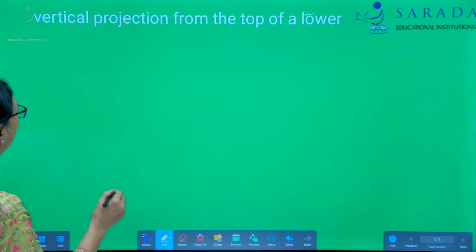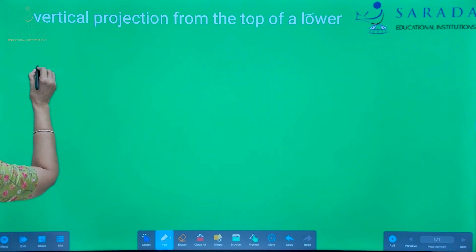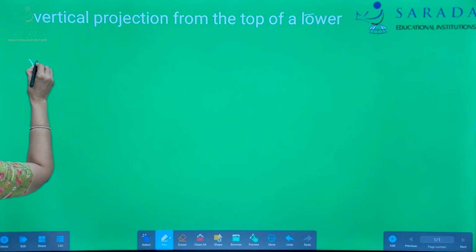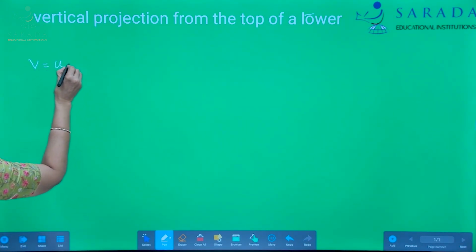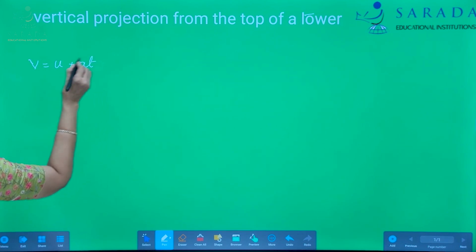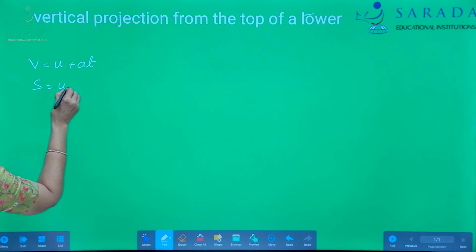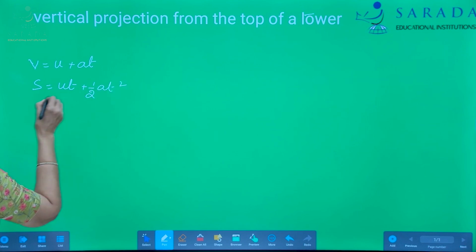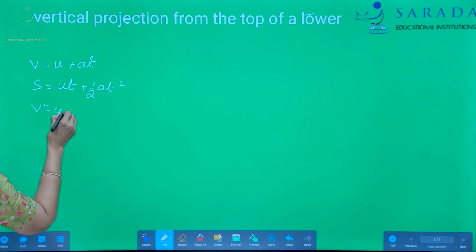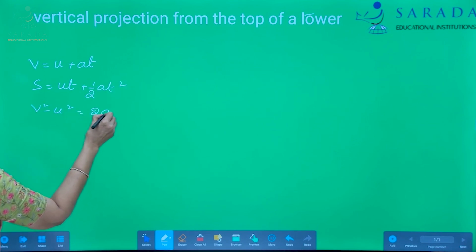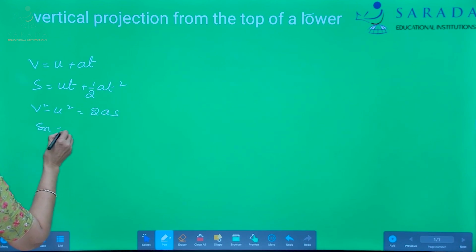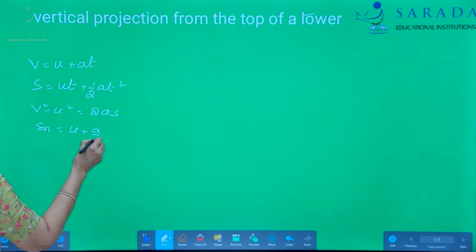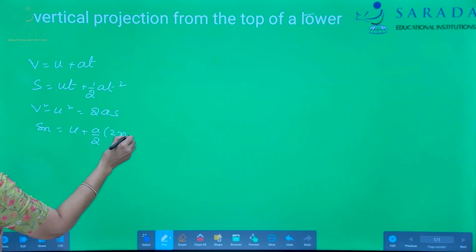Look here. We know the equations of motion in general as v = u + at, s = ut + half at square, v square minus u square = 2as, Sn = u + a by 2 into (2n minus 1).